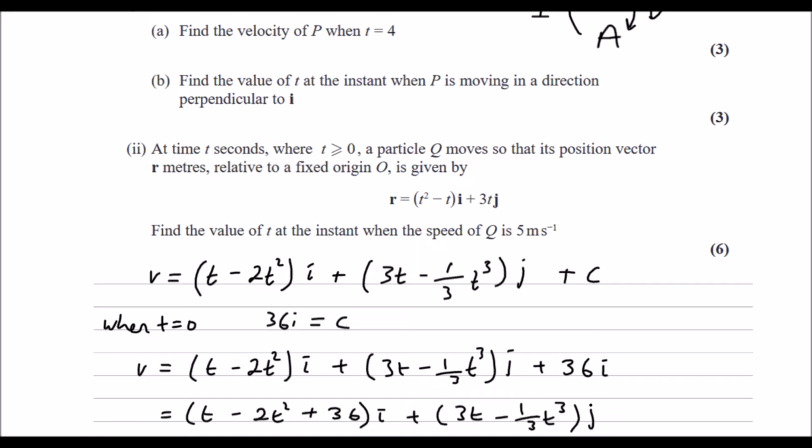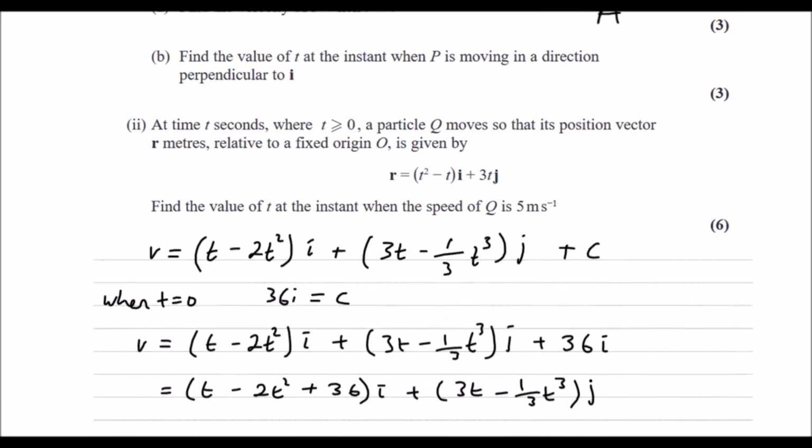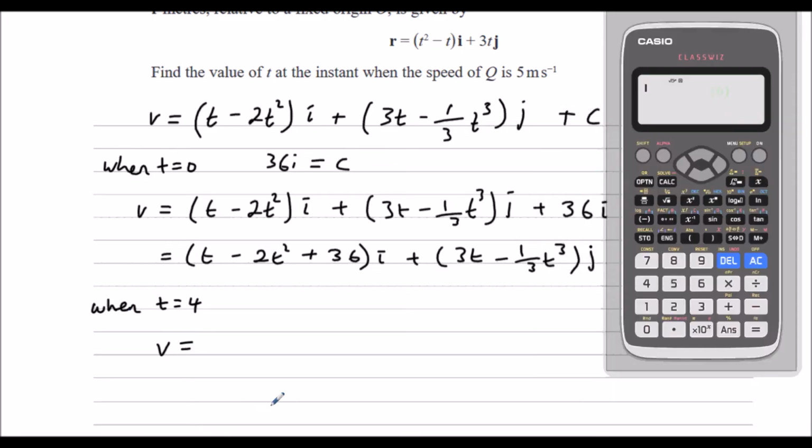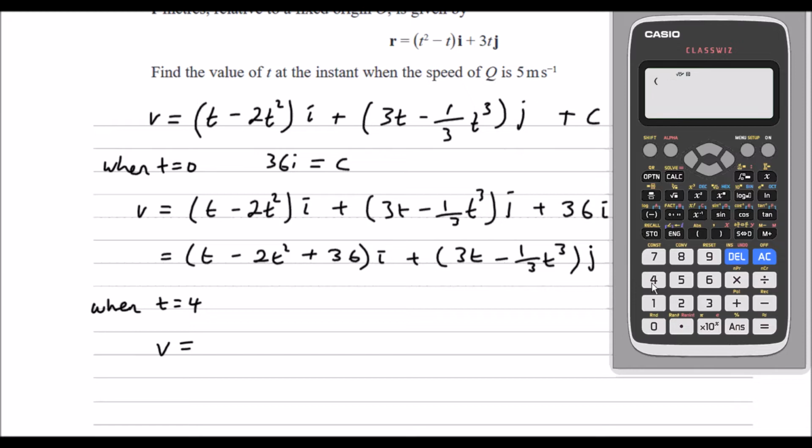We need the velocity when t equals 4. So we just need to substitute in 4 for t. We'll do it separately for our i's and our j's. So let's substitute in 4 for t. We've got t, which is 4, minus 2 times 4 squared plus 36.